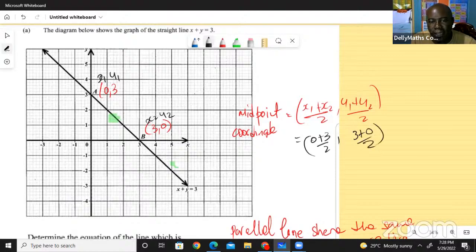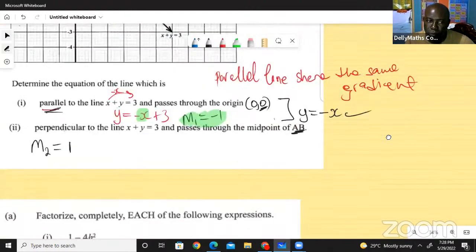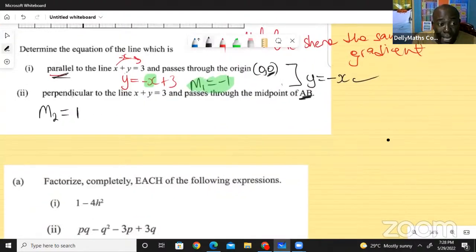So you realize that it is at 3 over 2, 3 over 2. Some people might say 1.5, 1.5, same thing. This is the point that it passes through, 1.5, 1.5.